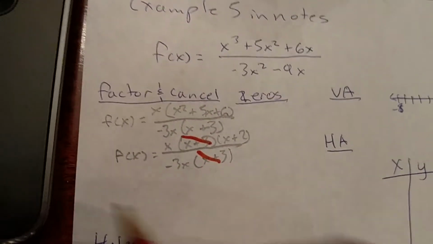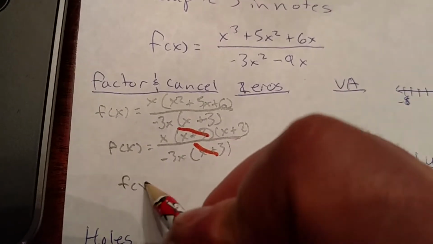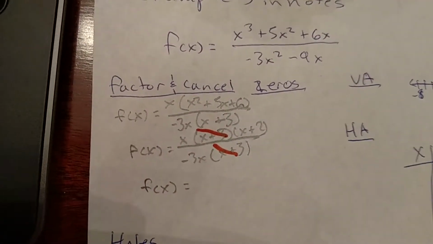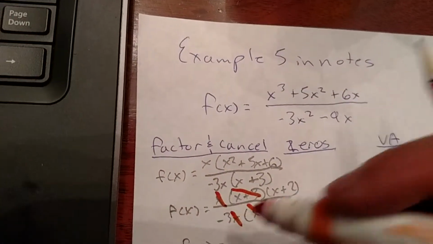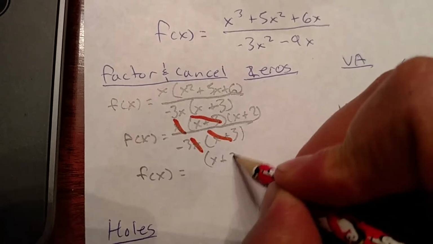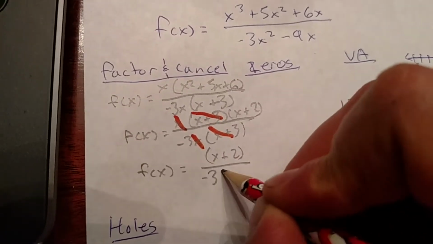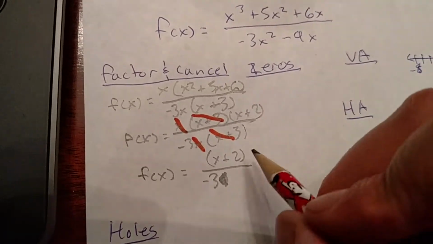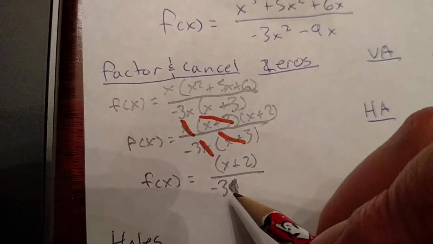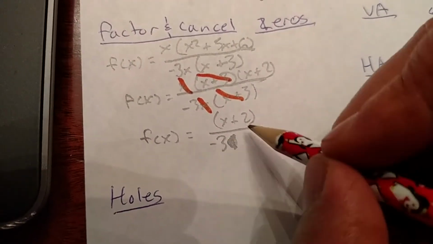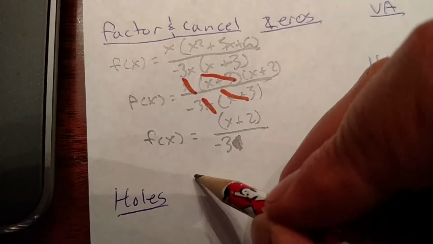And cancel. And I can cancel this as well. All right, so that's all I have left. I've got x plus 2 divided by -3. Well, I can actually change that. I can divide them both by -3.